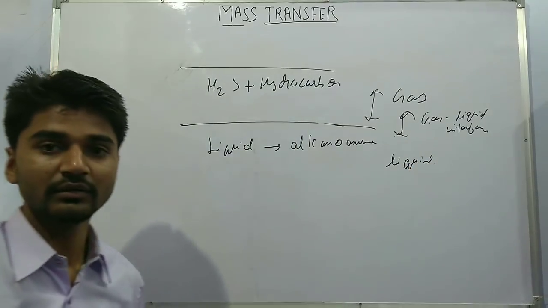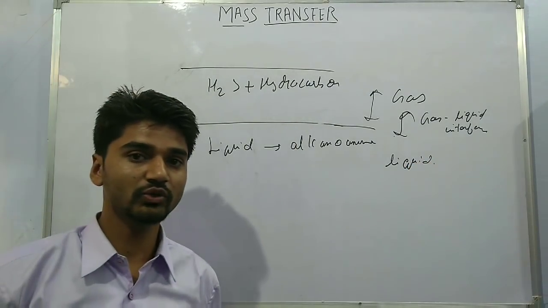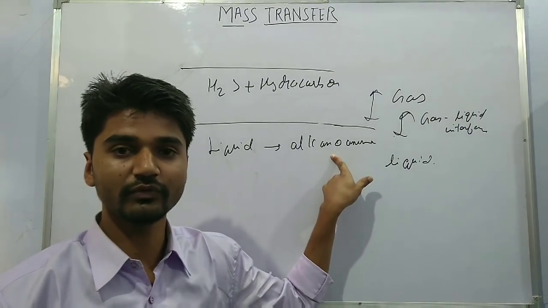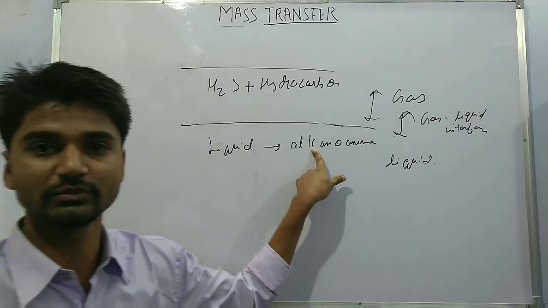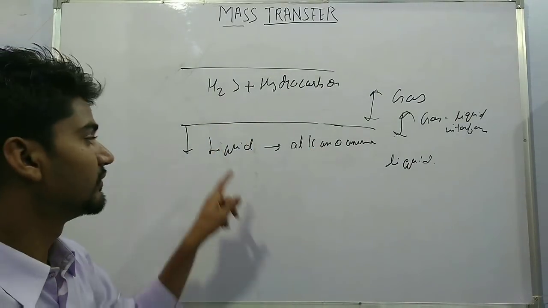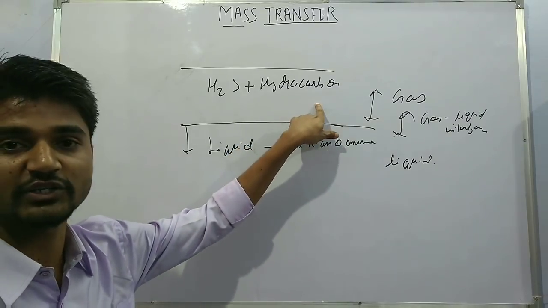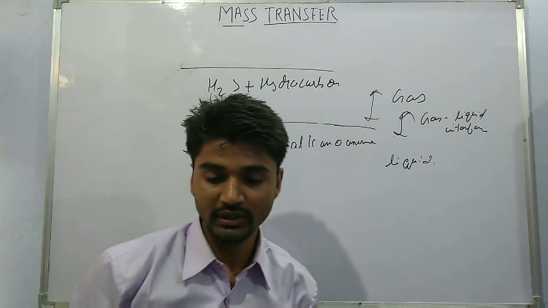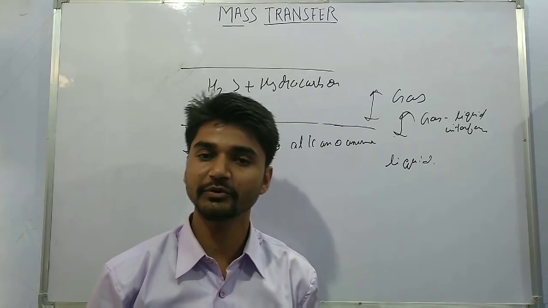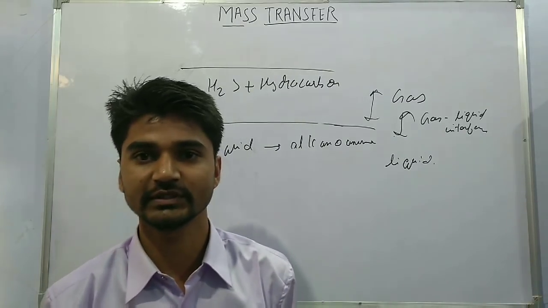Now, as we know, substances like H2S and CO2 have more affinity towards alkylamine, so the absorption of these compounds in alkylamine is more. So the resistance offered by the liquid will be less as compared to the gas phase. So here we can conclude that the B option is correct, that the liquid phase mass transfer resistance will be negligible as compared to that of the gas phase.